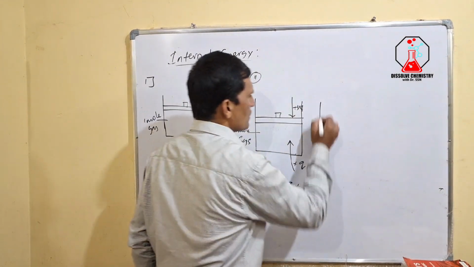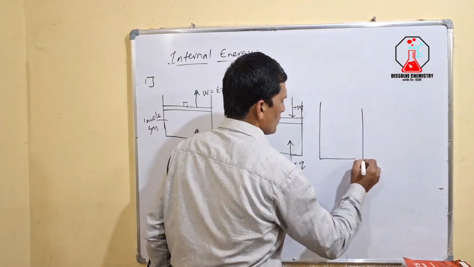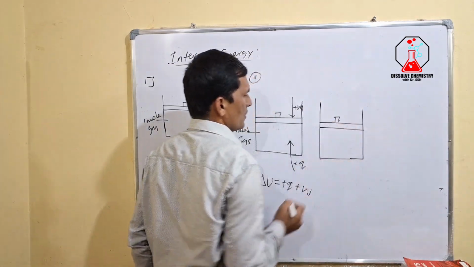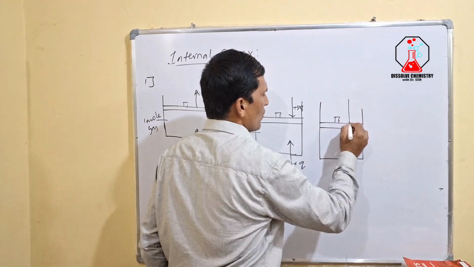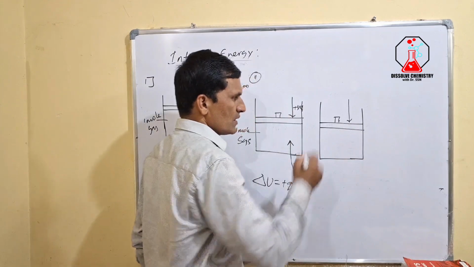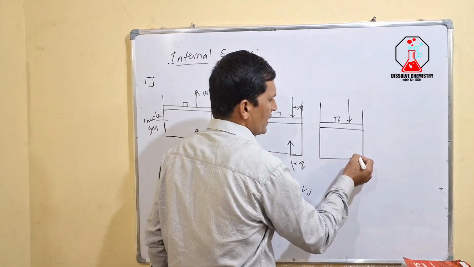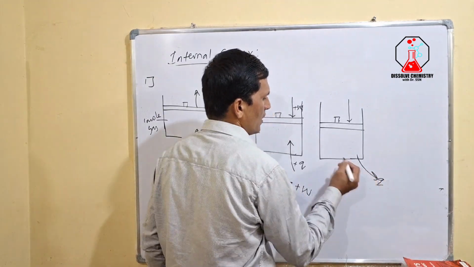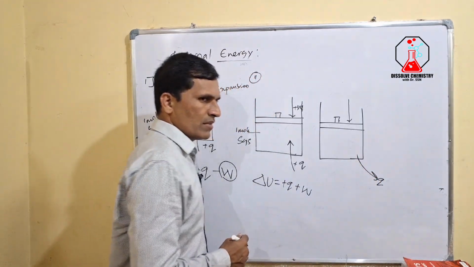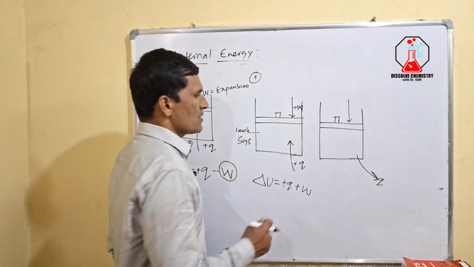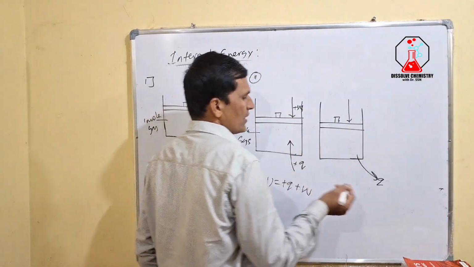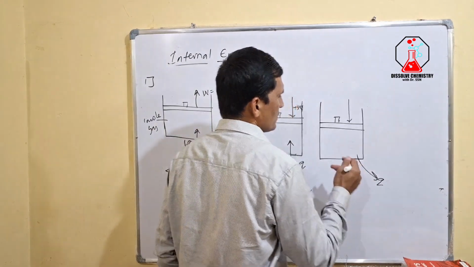So the third case is when you are doing work on the system, means compressing the gas, and in the meantime heat is allowed to go out of the system. It is a closed system with diathermic walls. You should remember that heat can transfer in and out of the system.